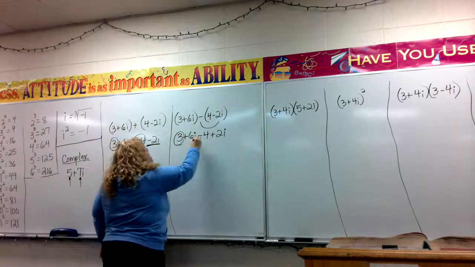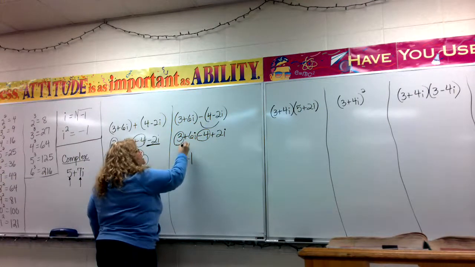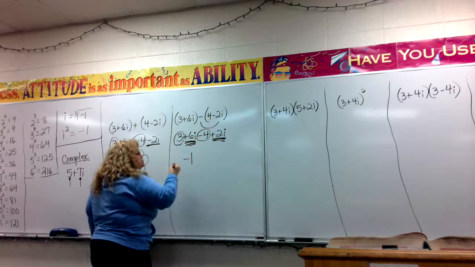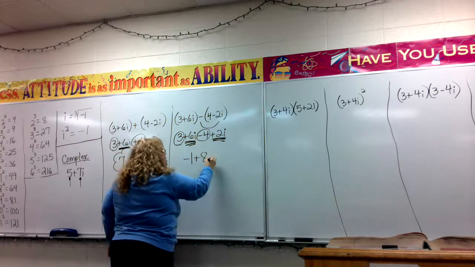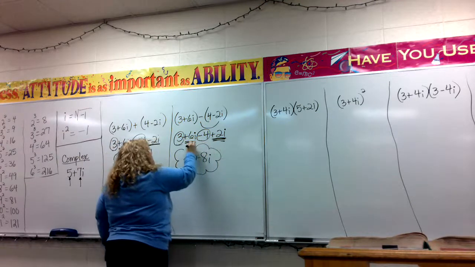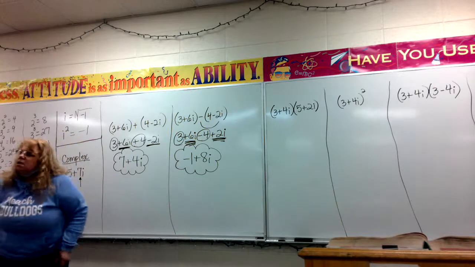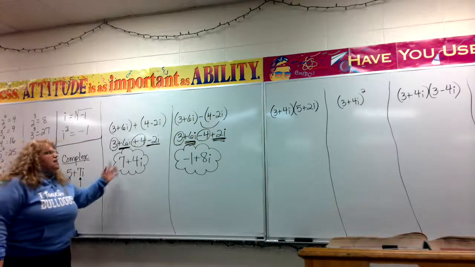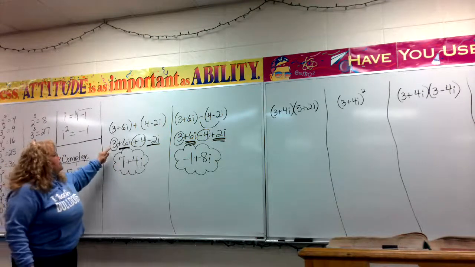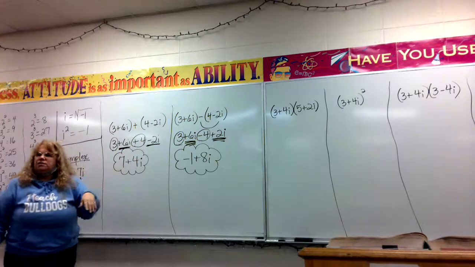So I've got a 3 take away 4, negative 1. And then I have a 6i plus 2i. And there you go. That's your answer, negative 1 plus 8i. That's not too difficult either, right? Just like if you had x's and y's, you have to combine the number part with the number part and the variable part with the variable part.